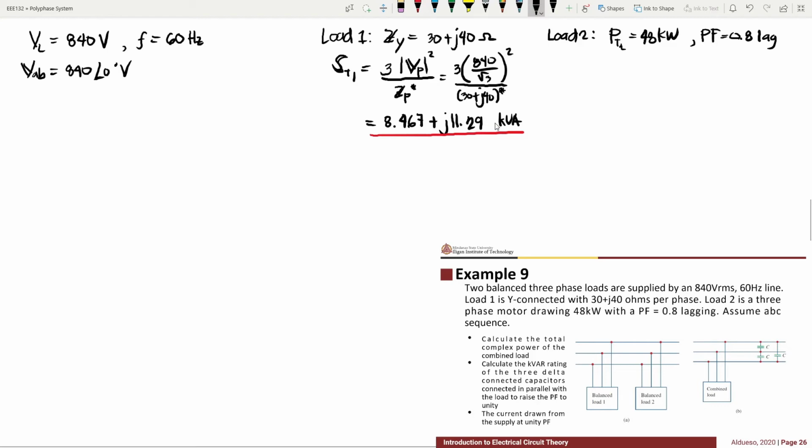Now for load 2, we are given the total real power and the PF. So remember the power triangle.